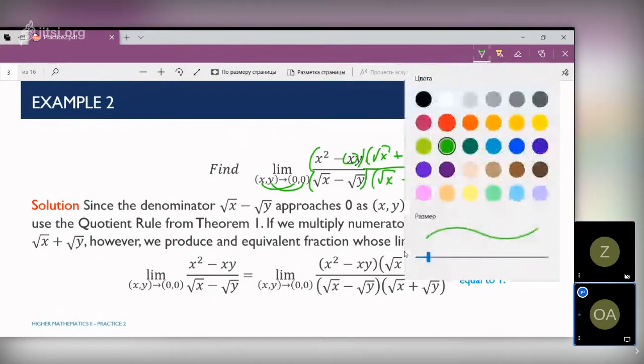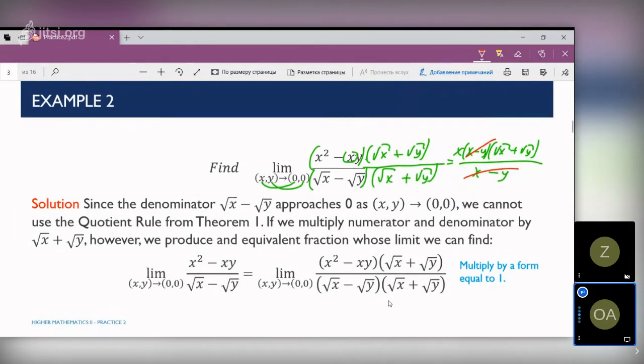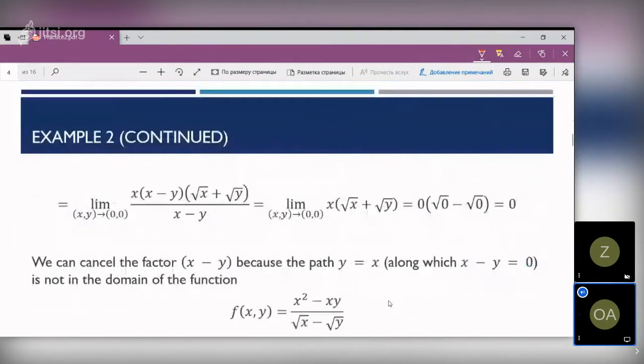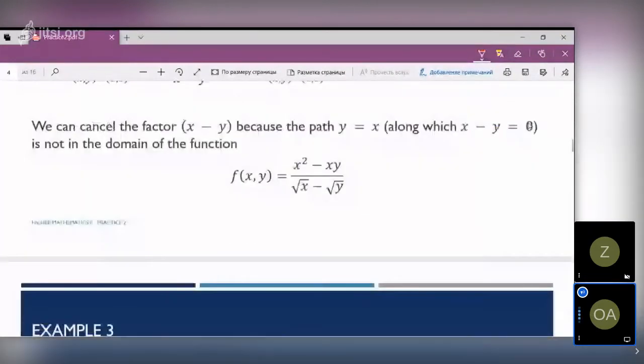So these two expressions are similar to each other. This one gone with that one. So we got x times square root of x plus square root of y. And the answer we got 0. We saw this example in the theory, in the lecture part.